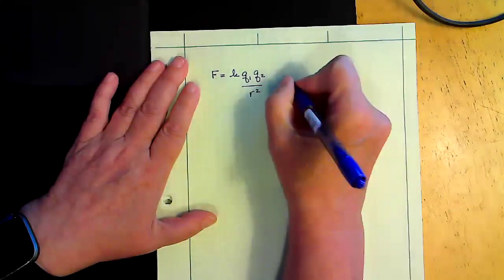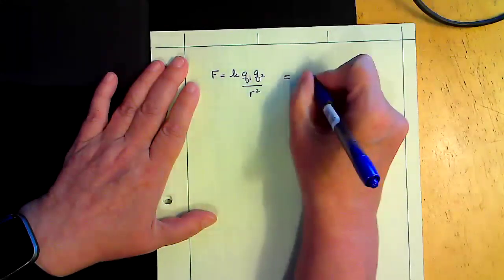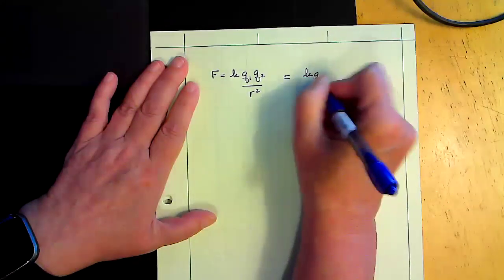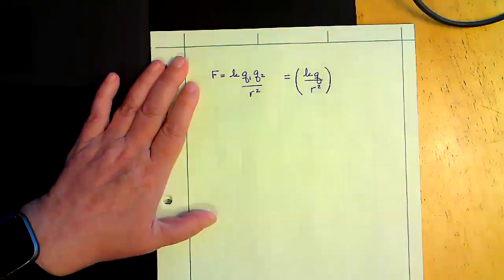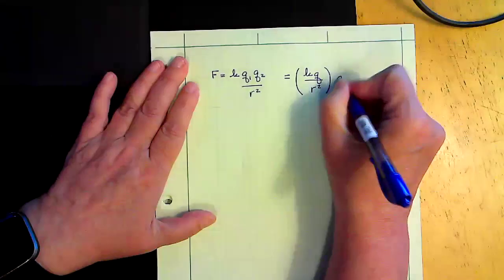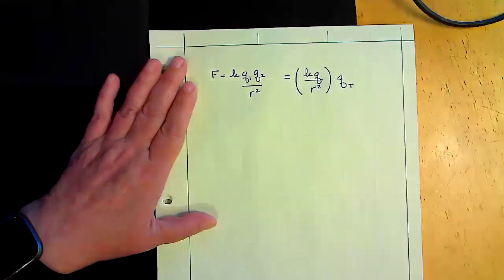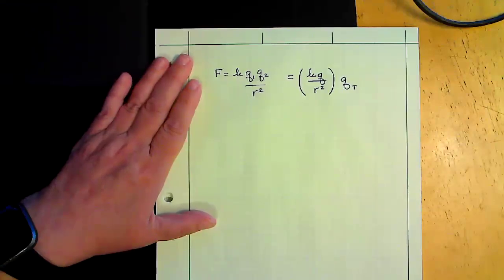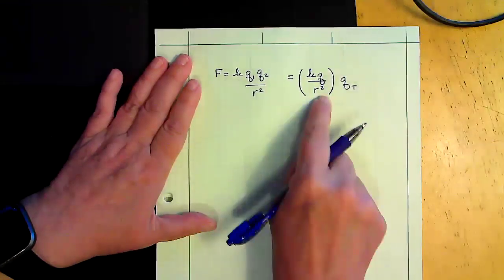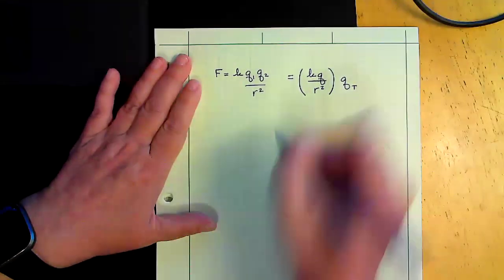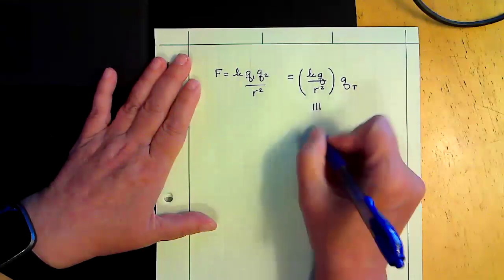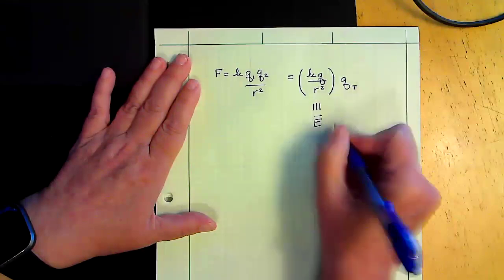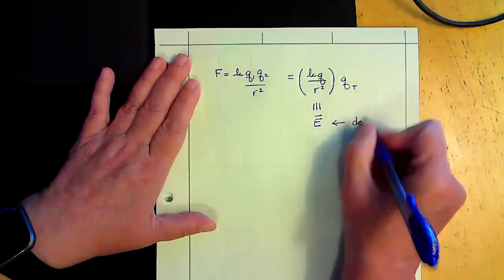Now, we're going to group these together just like we grouped in Newton's gravitational one, and this is going to be my test charge. Just like when I worked with gravity, we gave this a name, and we're going to define that as our electric field.